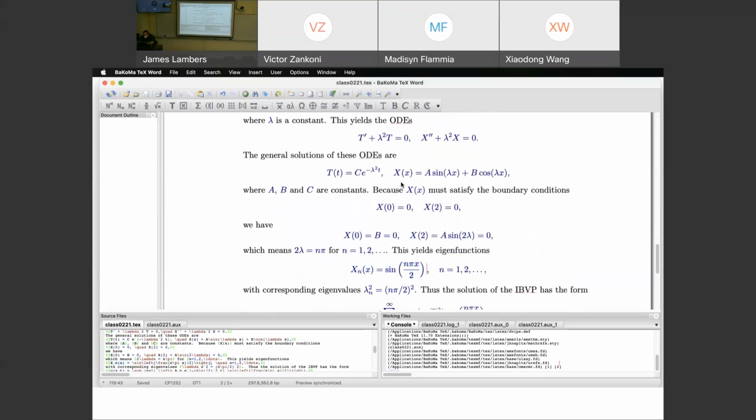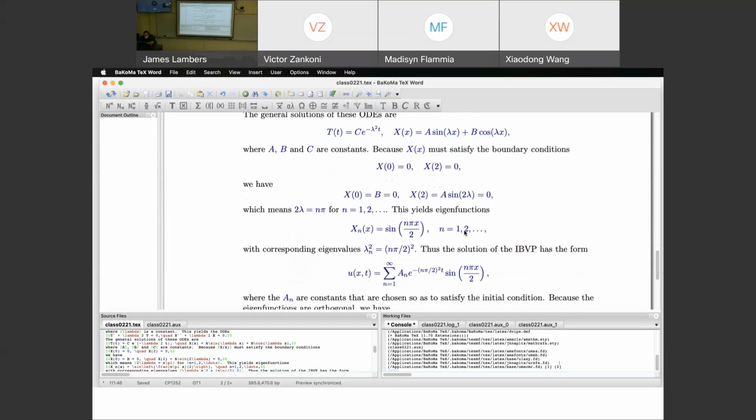And then keep in mind how the separation of variables goes, that this value here, lambda squared, which is the eigenvalue, goes into your temporal solution also, resulting in this exponential.